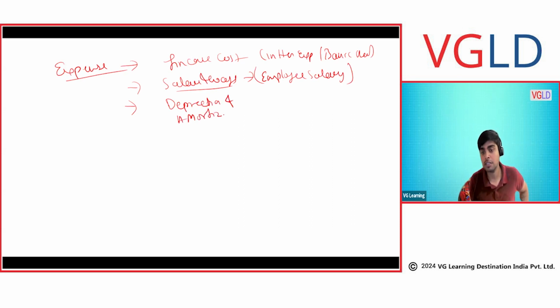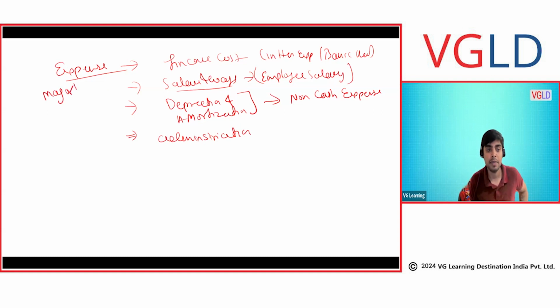I'm not going to discuss what is amortization and what is depreciation. Basically it is a non-cash expense, just to let you know. Then administration expenses. No, I'm discussing major head expenses. Whatever expenses you have said, rent, electricity, discount, disallowance, would come under these heads. Okay, so these are major heads.